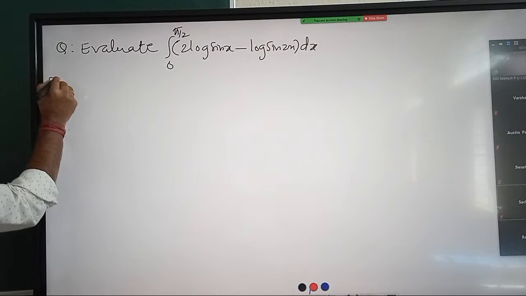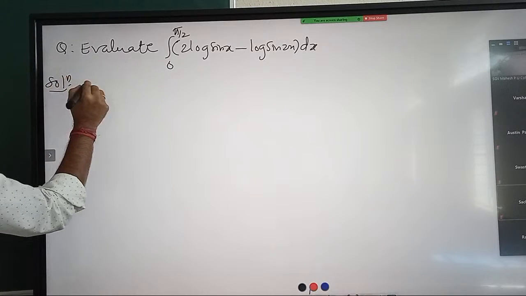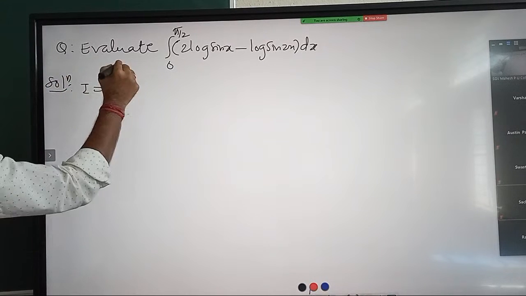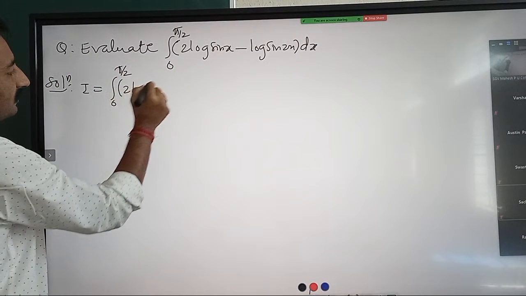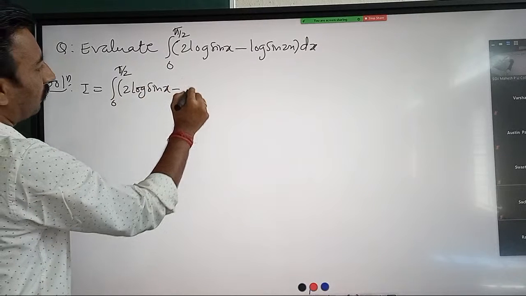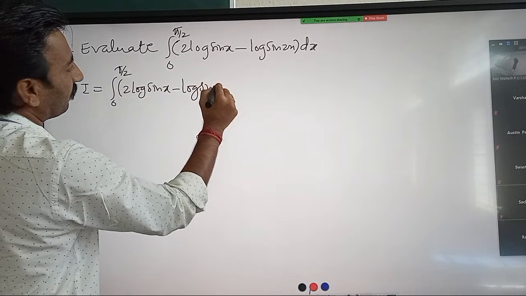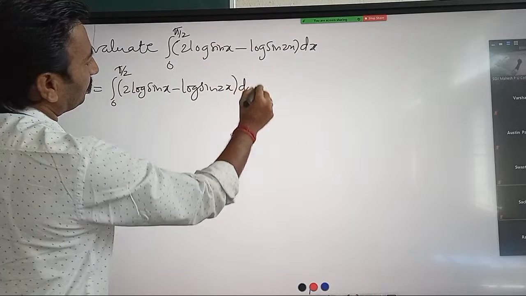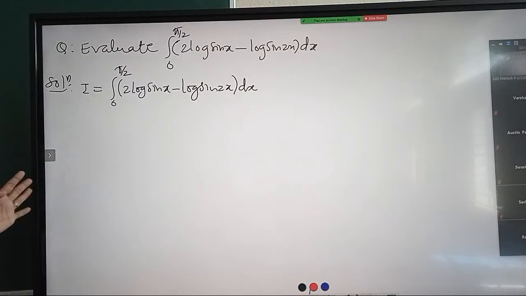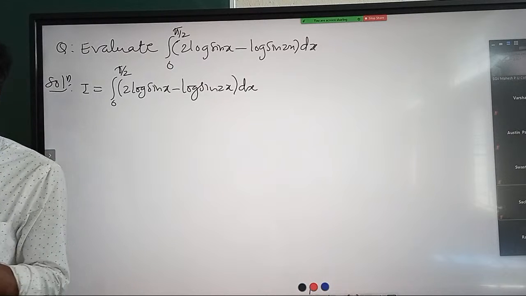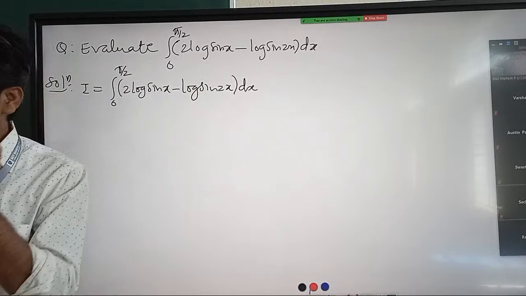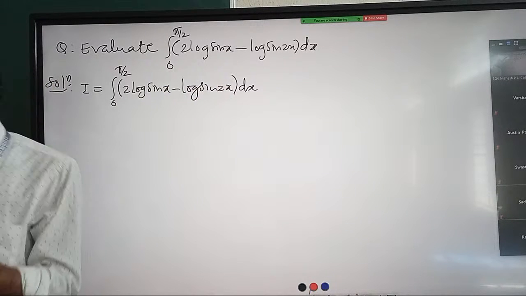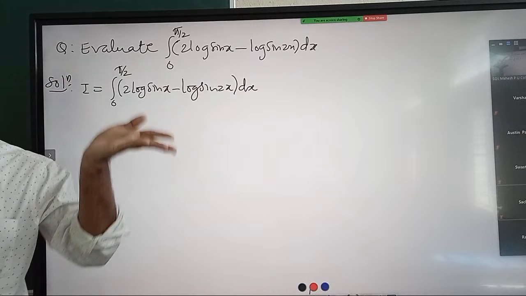Look at this. See, I will take this equal to I and I will do it step by step. 0 to pi by 2, 2 times log of sin x minus log of sin 2x, correct, dx. I hope you can now understand very clearly here. One angle is given in terms of x, another angle is given in terms of 2x. Always try to do all the angles in the same, meaning either 2x or else in x.